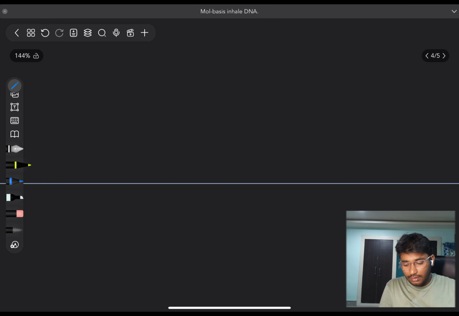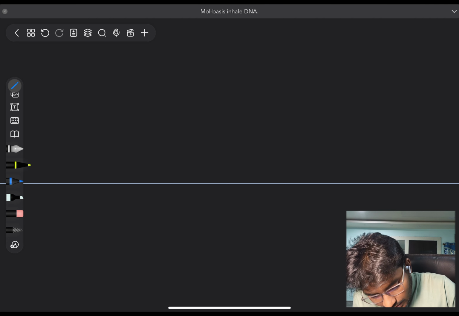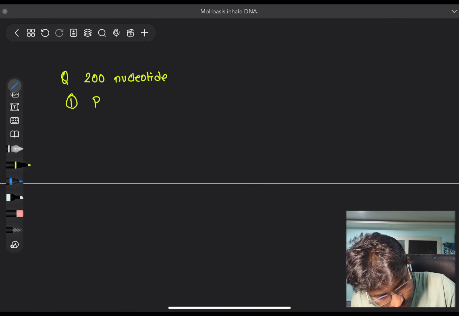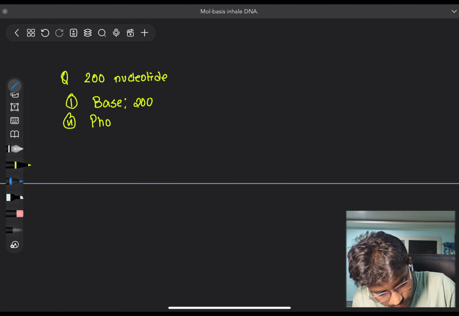Okay, so if a question comes, if a 200 nucleotide chain contains how many bases? Base, it will be 200. Phosphate group 200.